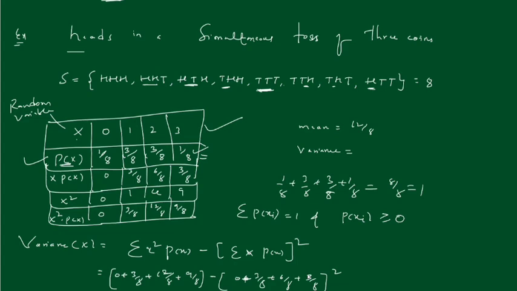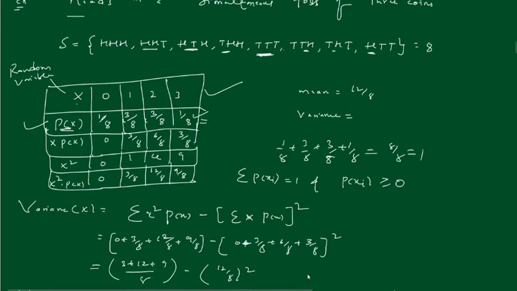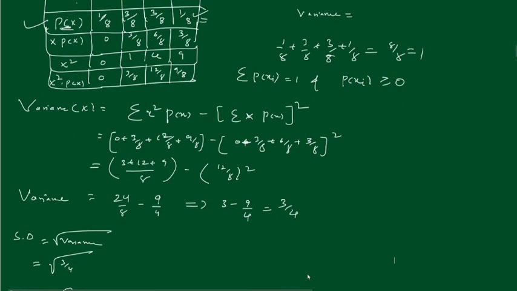We cannot get negative values in a probability distribution. Got it? So that is random variable and probability distribution, and similarly we have discussed mean and variance also, right?